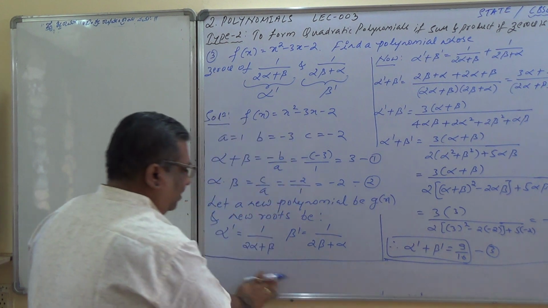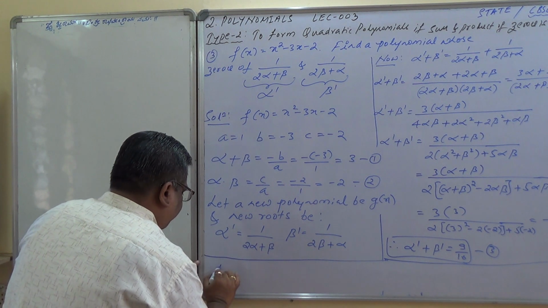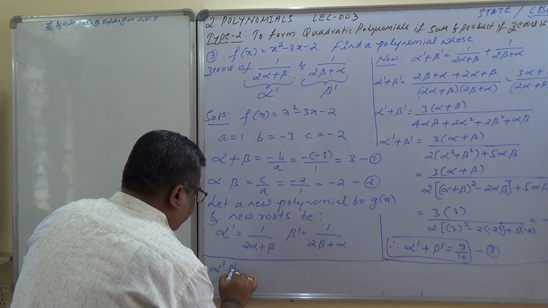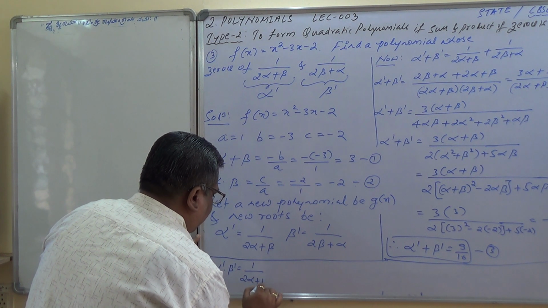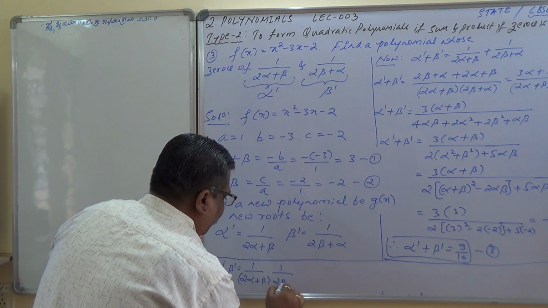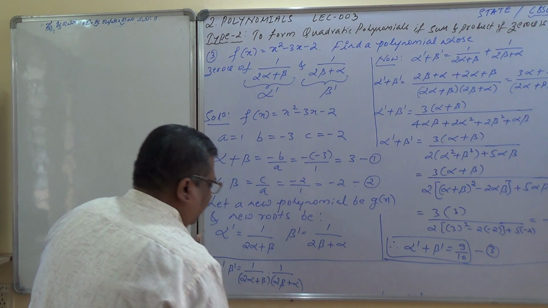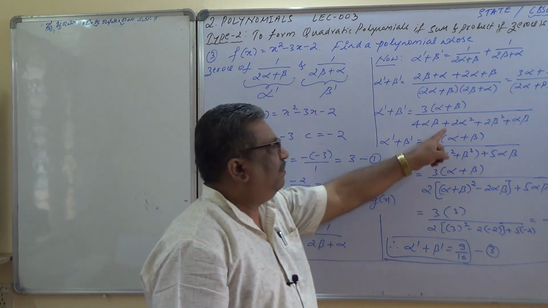At the bottom here I need to find out alpha dash into beta dash. Alpha dash into beta dash equals 1 divided by (2 alpha plus beta) into 1 divided by (2 beta plus alpha). You got it? Which equals, dear students, see here, I am taking the denominator.